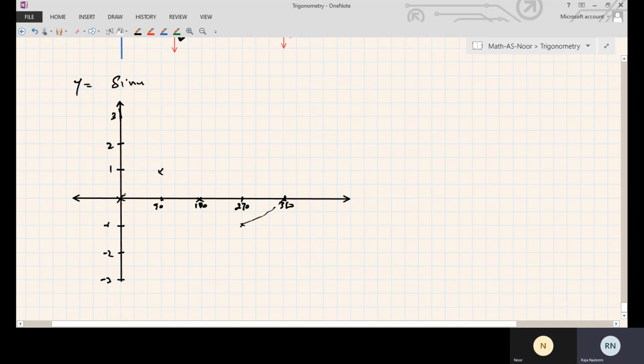When I sketch the graph which passes through all the points, I get this kind of graph, and I name it with the equation y equals sine of x.